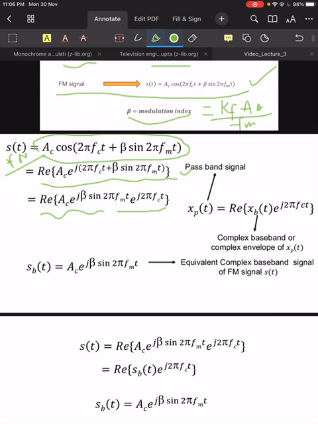And we know that whenever we write a signal as the real part of some signal times e^(j 2π fc t), that signal becomes the complex baseband equivalent signal.